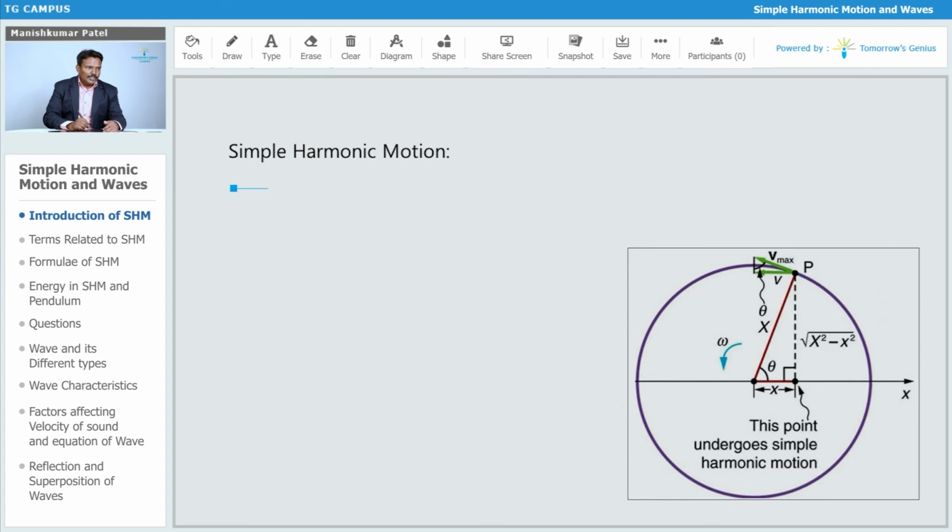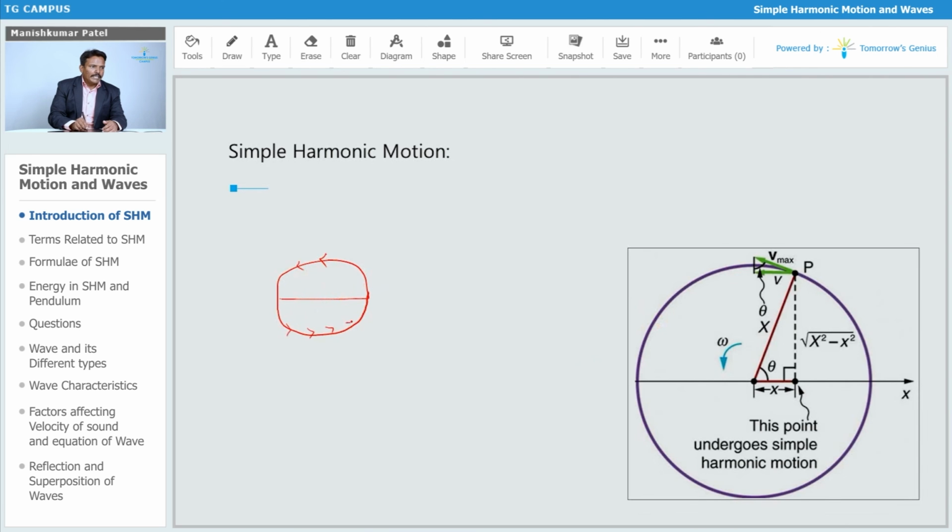We know that in uniform circular motion, the motion is along the circumference of a circle. Let's say this is what we call uniform circular motion.